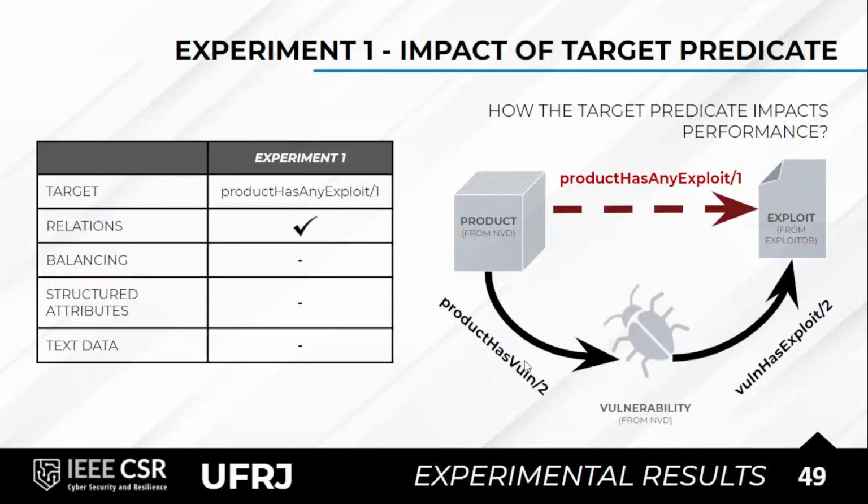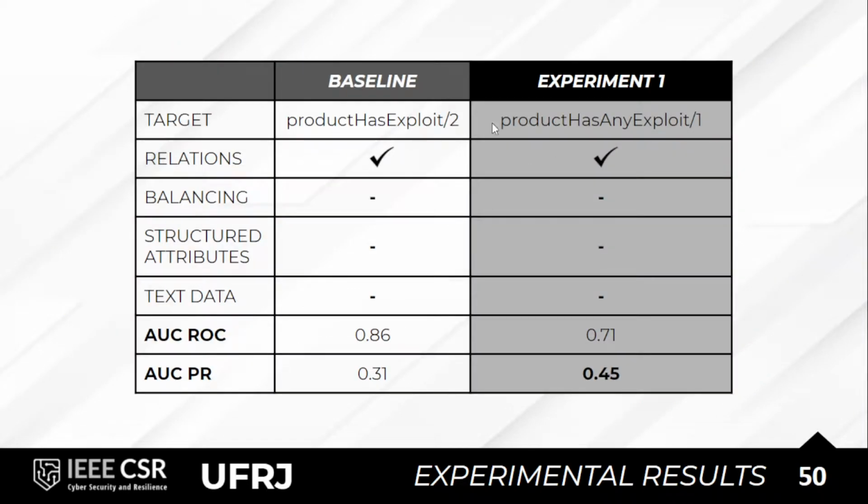In the next experiment, we will try to increase the AUC-PR metric. As a first attempt, we tried to change only the target predicate to product has any exploit. By putting the results side by side, we can see that this change favored the AUC-PR metric, as predicting the exploitation of a product is a simpler task than pinpointing the exploit.